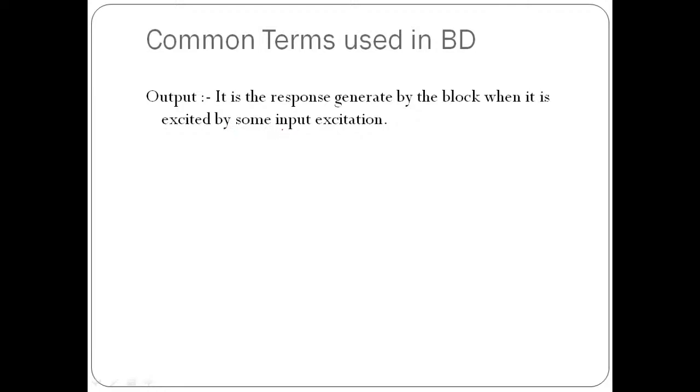Whatever response is generated by the block when it is provided with some set of input, that response is output. For example, in our previous case, this E of S indicates the output.